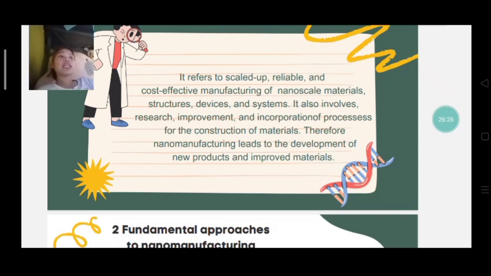As such, nanomanufacturing is an active area of research and development with ongoing efforts to improve efficiency, scalability, and safety of the manufacturing process.